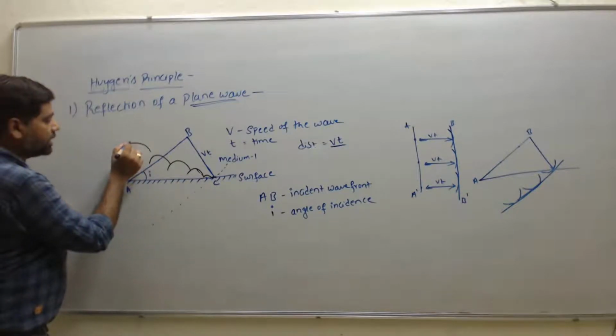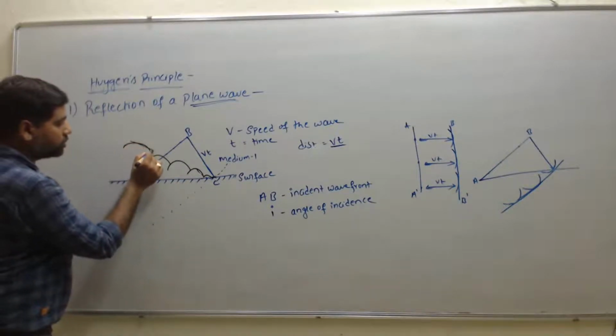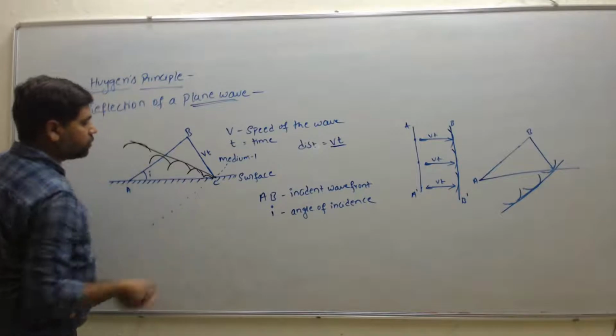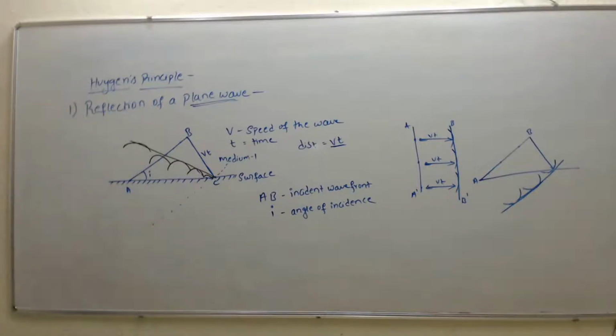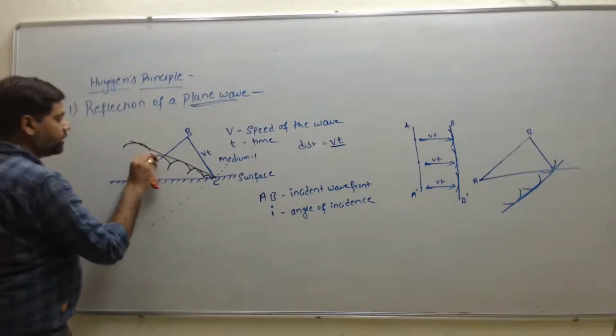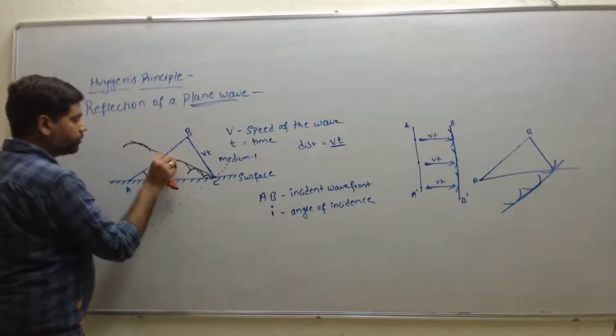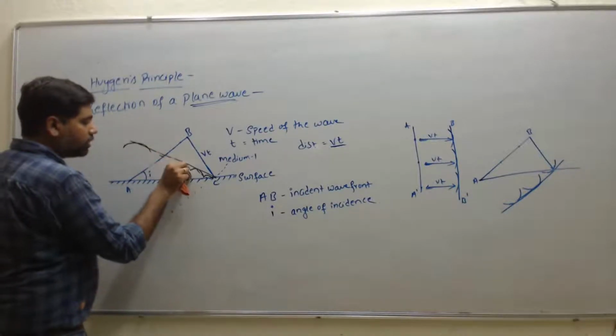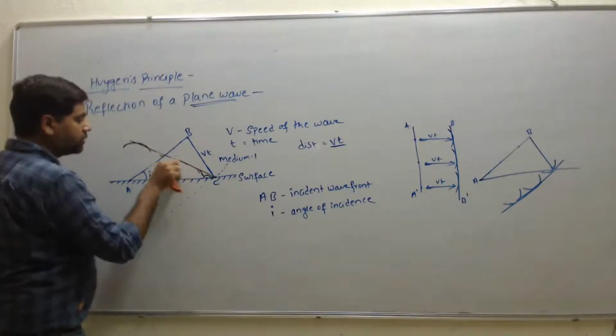If I draw the tangent for these, I will get this. So I will erase the middle points, and here I am considering only the first point and the last point.